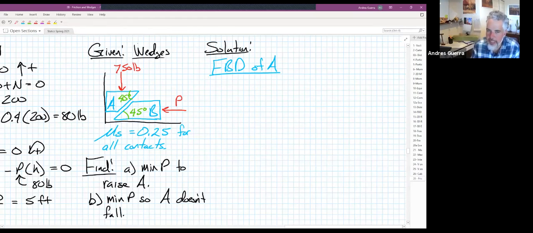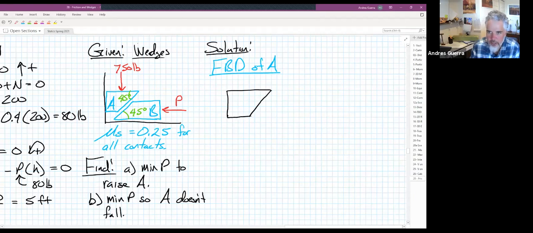That's an option because A and B together does have a known load, but unfortunately it's going to have 1, 2, 3 unknowns. We know the 45-degree angle, but we don't have any distances, so we can't sum moments, which means we only have two equations of equilibrium.